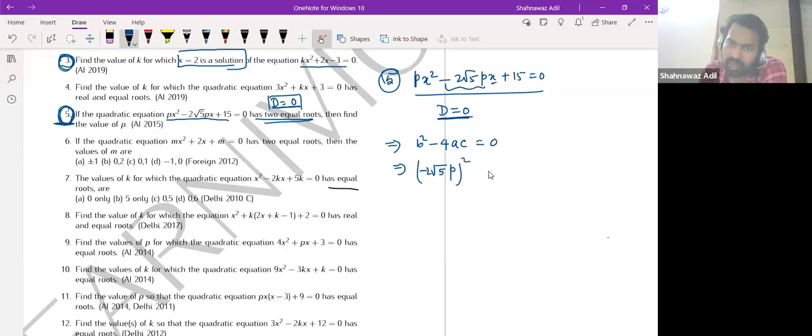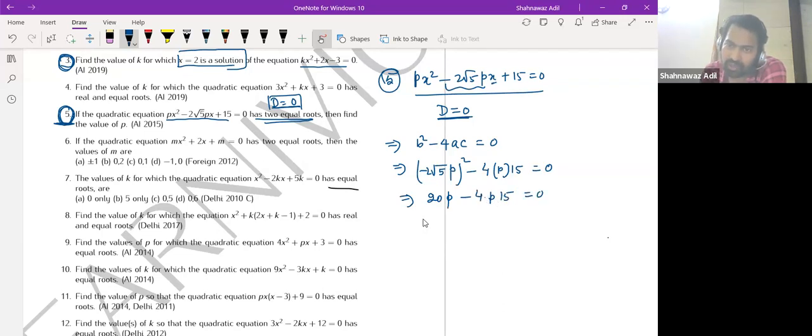So this is (2 root 5 p) squared minus 4 times 1 times c, and what is c? 15. So this is equal to 0. So we have 20p squared minus 4 times 15 equal to 0.